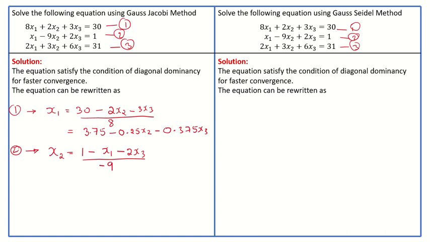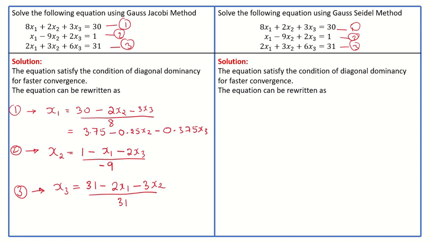Similarly, from equation 3 we find x3, which equals 31 minus 2x1 minus 3x2, divided by the coefficient. So this is how the equations are solved.